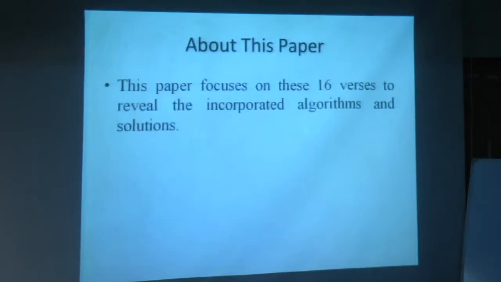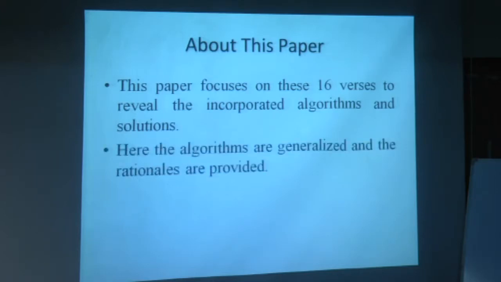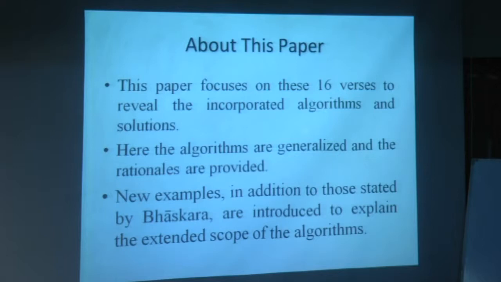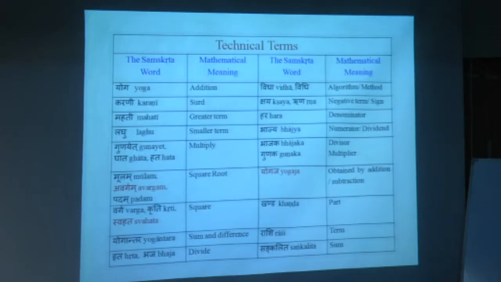This paper focuses on these 16 verses and reveals some incorporated algorithms and solutions. Here the algorithms are generalized to rational numbers, and new examples in addition to those stated by Bhaskara are introduced to explain the extended scope of the algorithm.